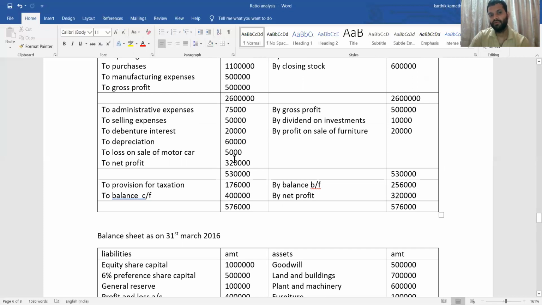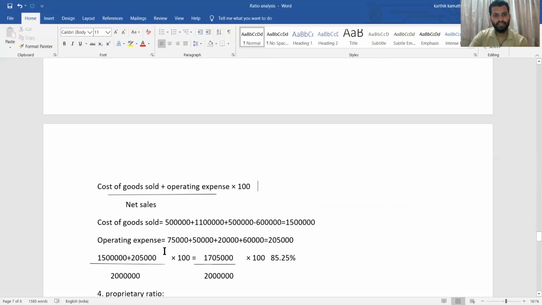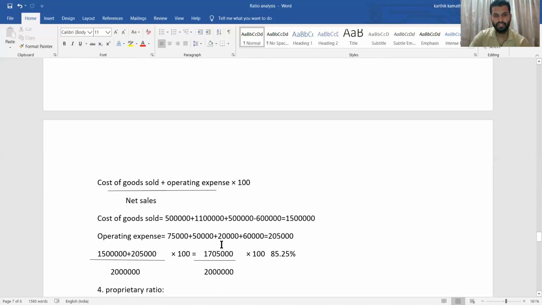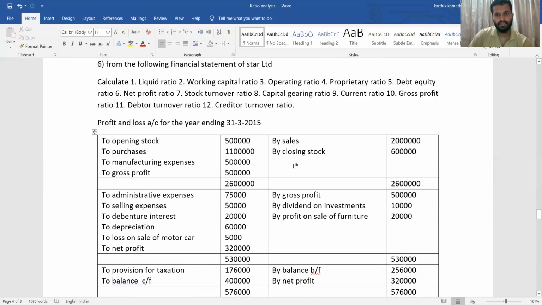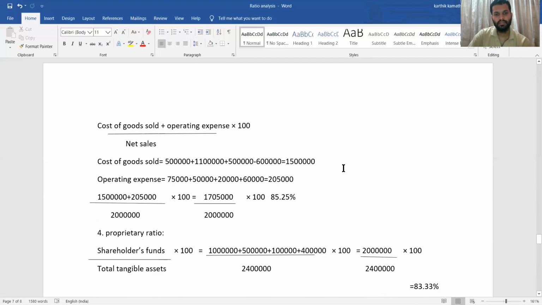Loss on sale of motor car is not an operating expense, it is non-operating in nature. So only four items are operating expenses, 75,000 plus 50,000 plus 20,000 plus 60,000, which gives 2 lakh 5,000. So 15 lakh plus 2 lakh 5,000 divided by 20 lakh net sales, which is given directly in the profit and loss account. So the answer is 85.25%.